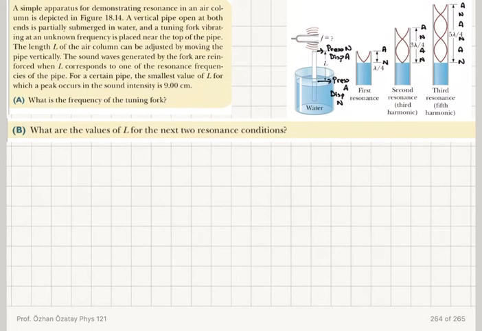Alright, so the smallest possible value for L for which a peak occurs will correspond to L is equal to lambda 1 over 4. So this is 9 centimeters. Therefore, I find that lambda 1 is 36 centimeters.